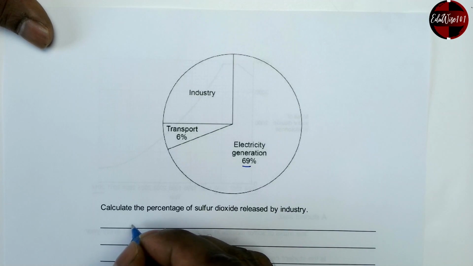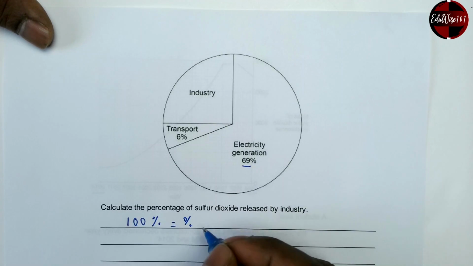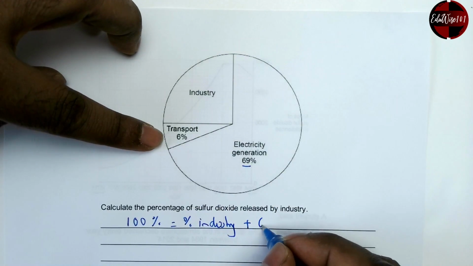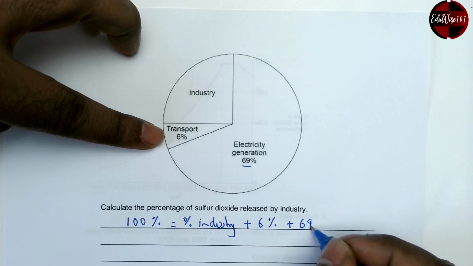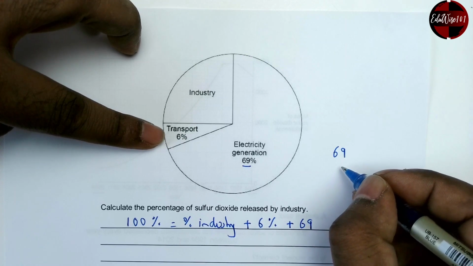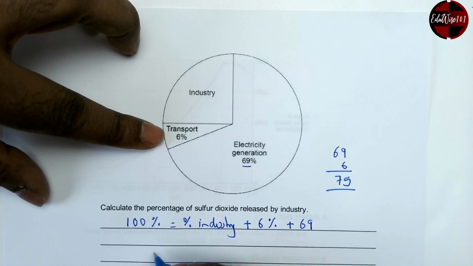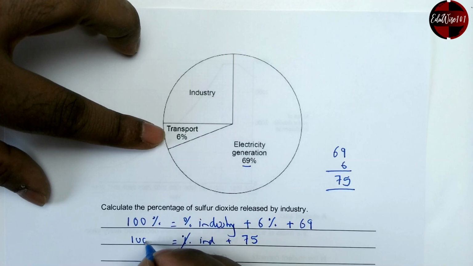So 100% should be equal to the percentage from industry plus from the transport, which is the 6%, plus from the electricity generation 69. So if I add up 69 plus 6, that gives me 75. So percentage from the industry plus 75 should give me the 100%. So 100 minus 75 gives me 25%.